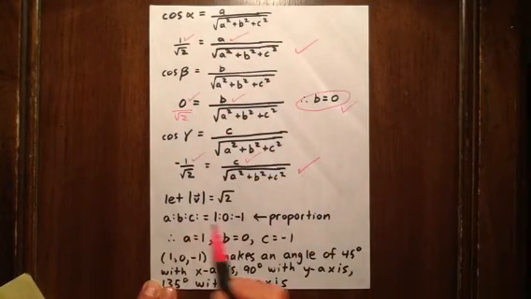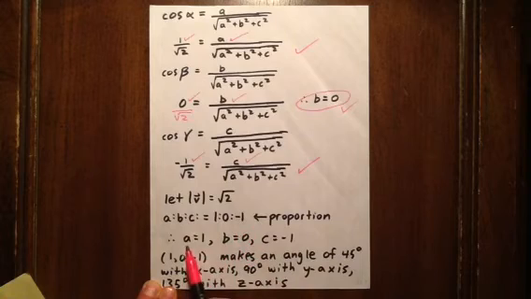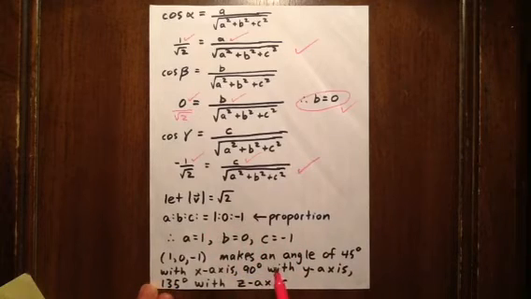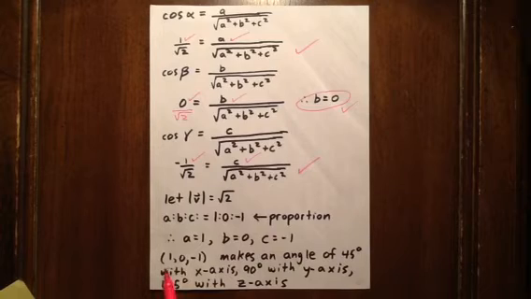And so we can therefore say let a be 1, let b equal 0, let c equal negative 1, maintains the proportion, has a magnitude of root 2, and we can use that as our answer.